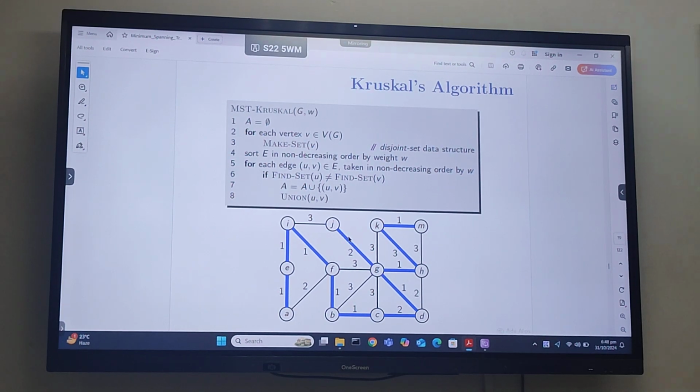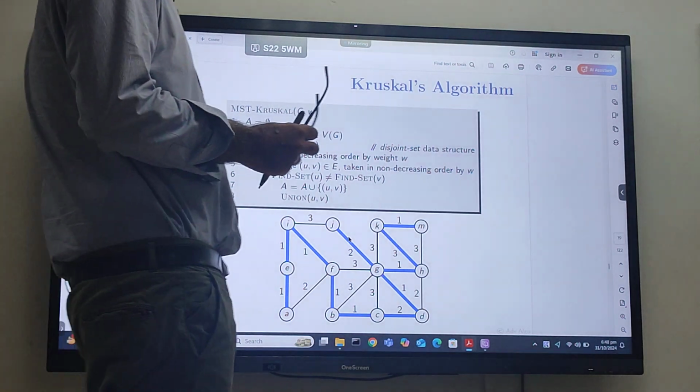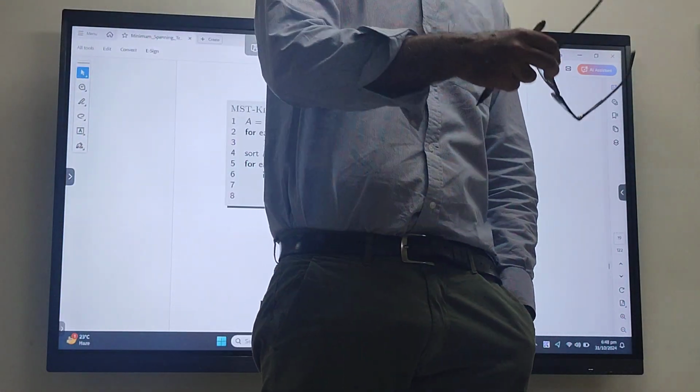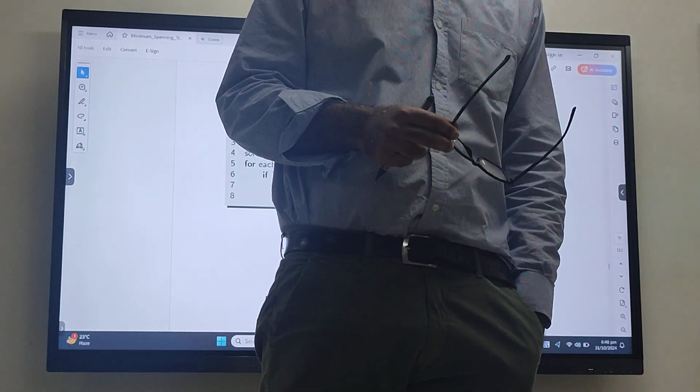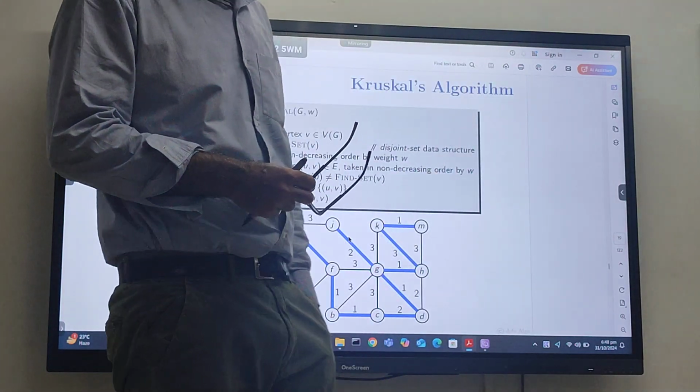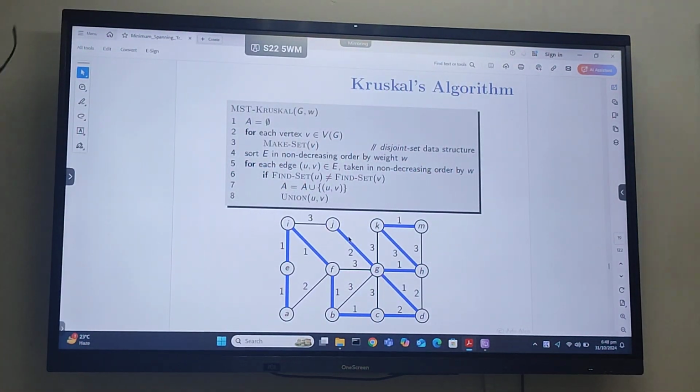And with that, I think the algorithm ends, because it starts from the edges of weight 1 and gradually increases the weights and checks them. So the objective of sorting is to first include the edges with the minimum weight, the safe edges, the lightest edges first, and gradually go towards the heavier edges. And how does it follow the whole thing that we were talking about, having two partitions?